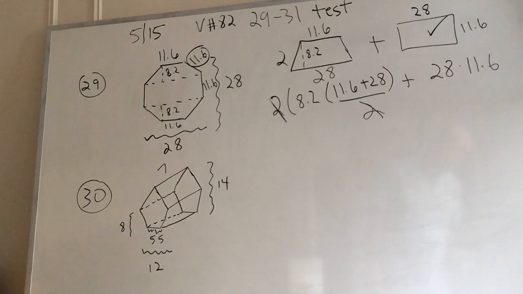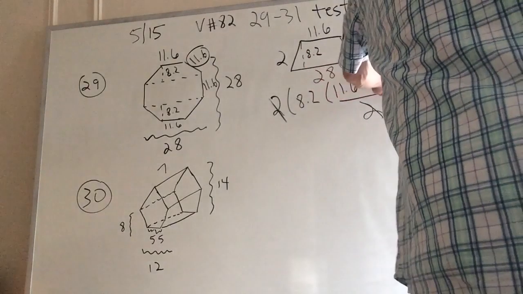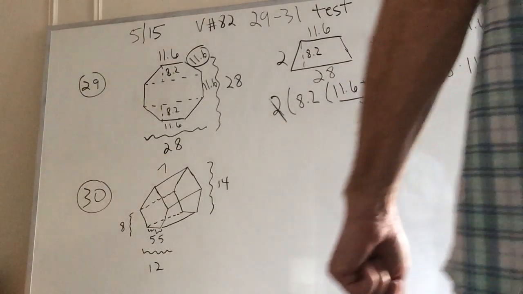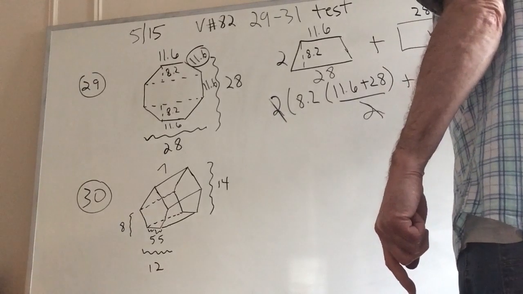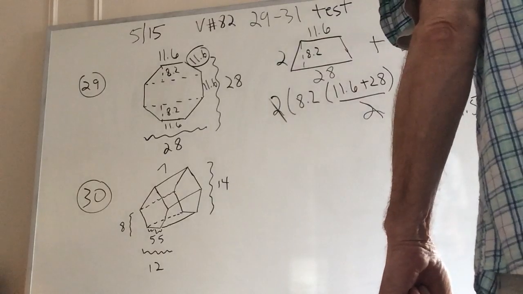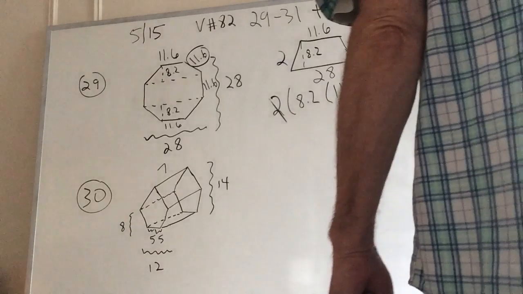And when you add everything up, you multiply this times the sum of this plus the product of this. You can check me on the calculator. You're going to end up with 649.52.